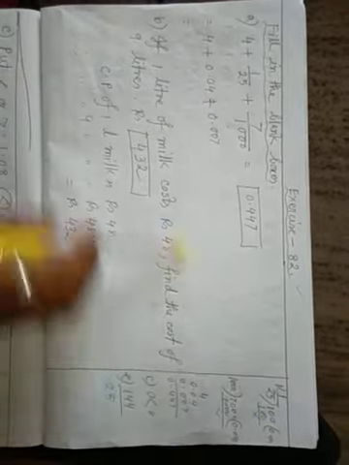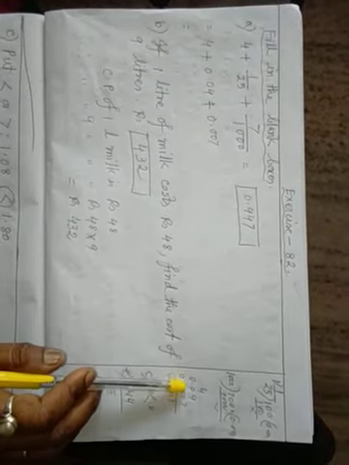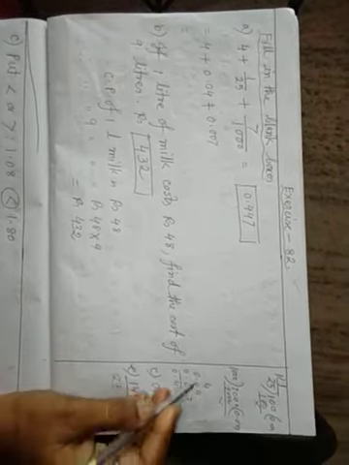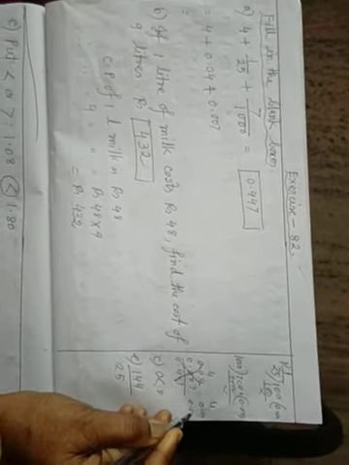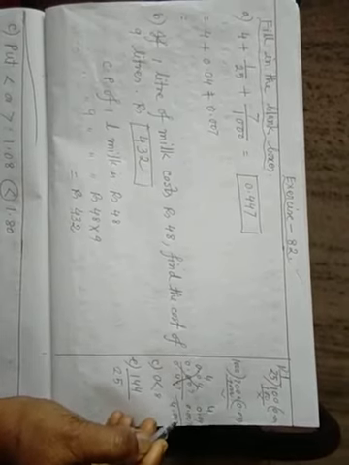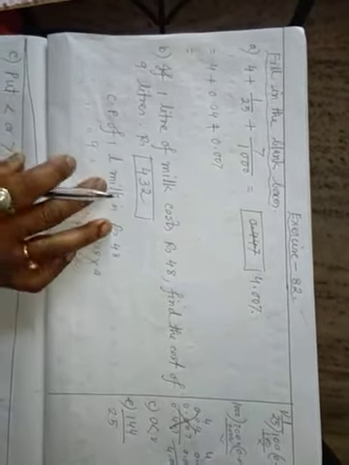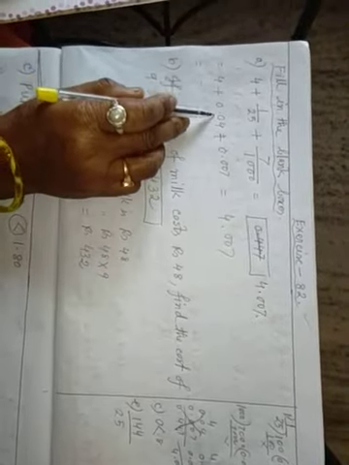I do this sum here. 7 by 1000 means 0.007, that is 4 plus 0.04 plus 0.007, so 4.047.